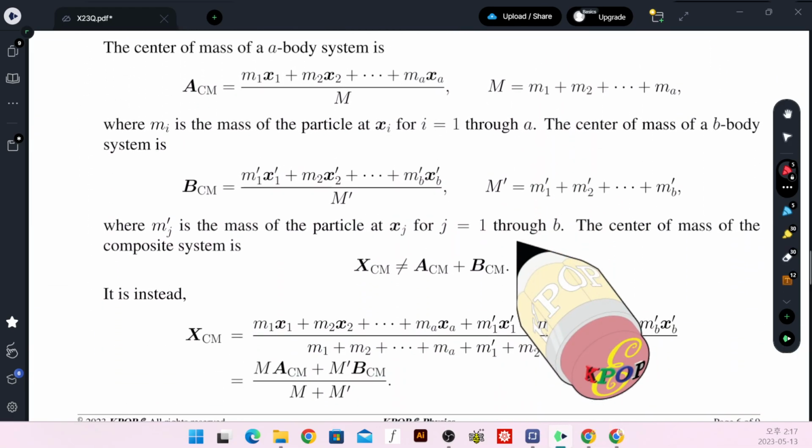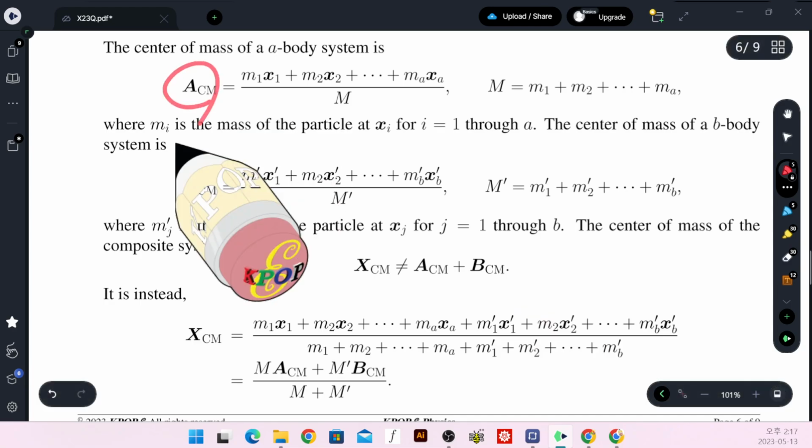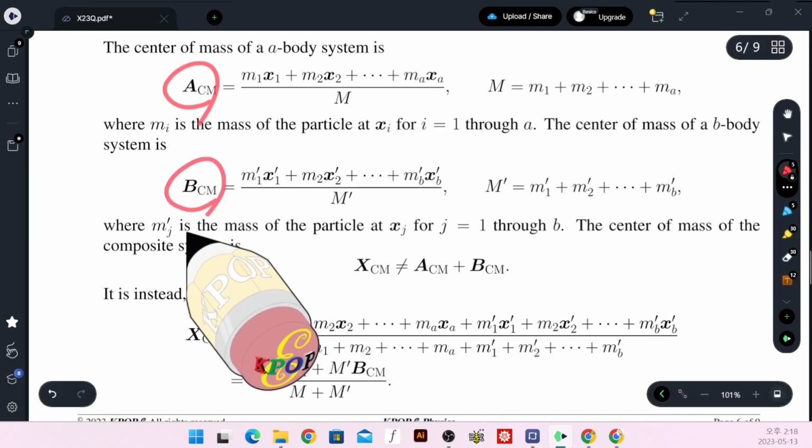This one also appears in computing the center of mass of system of particles, and we can find the center of mass of a system of particles. Why don't we consider a single system and the center of mass of another system of particles? And what happens if we mix them all together? We also have the same structure in it.